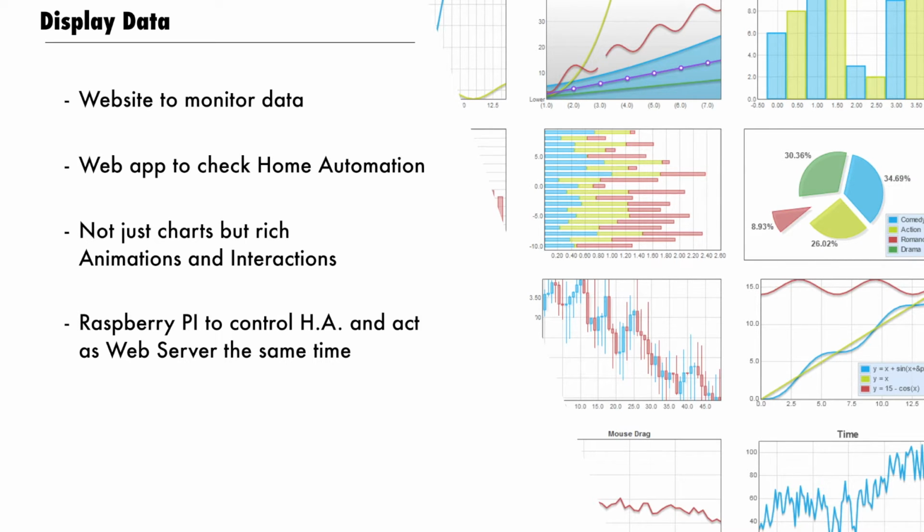So it can manage all the small modules, but at the same time it's a web server. So if you connect to your home automation system, the Raspberry Pi can be your central module that shows a website and shows the controls for you.